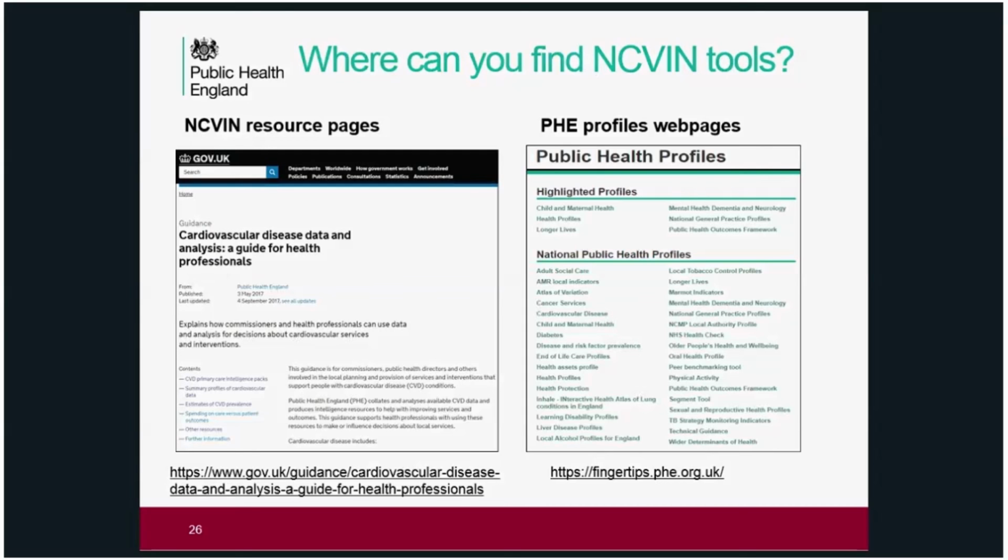The other web presence that we have is on the Fingertips platform. Anything that we badge as a profile sits there, so the cardiovascular disease profiles and the foot care profiles are all on there. The great advantage of the Fingertips platform is that it's not just static PDFs, although you can download the PDFs from there. There's also the opportunity to download the data into Excel to highlight changes over time.